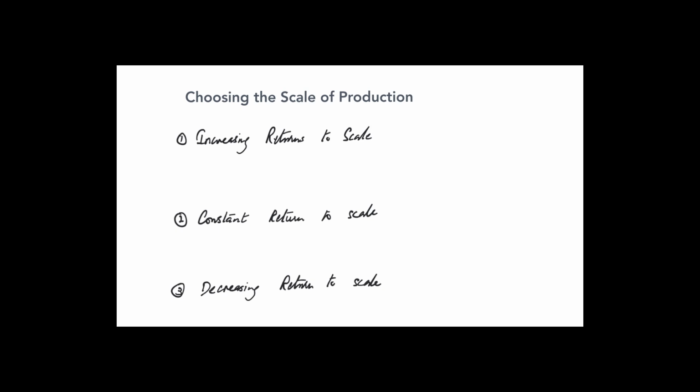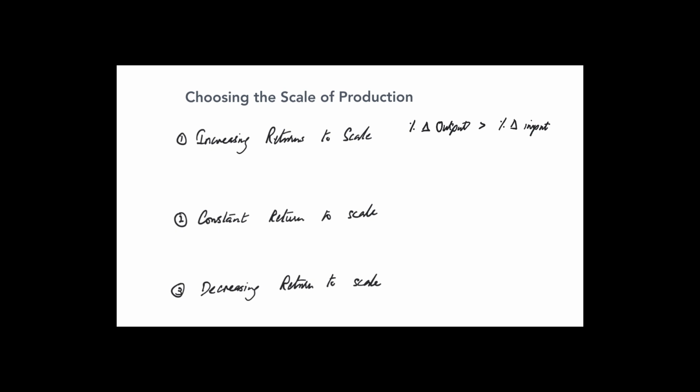Basically, what's happening is if you double your input and you get more than double, for example, the percentage change in output is greater than the percentage change in input. What's going to happen as a result of this?